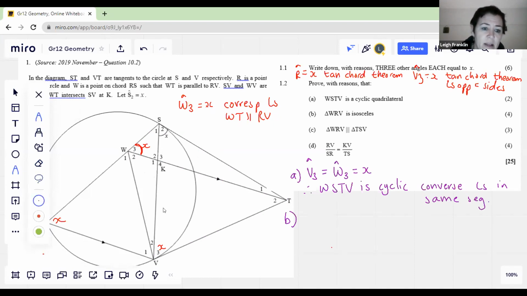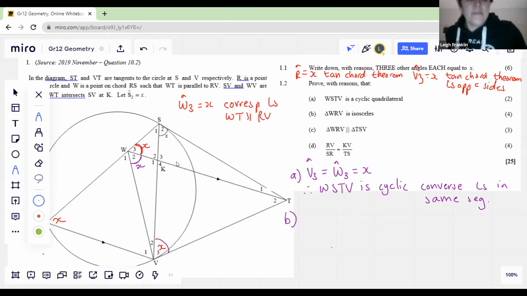Okay, so if this angle over here equals that one over there, then if that angle is X, it also means that this angle over here will be equal to X. Now that we've proved that it's cyclic, now we can say, Chad, that W2 equals S2 because they are angles in the same segment.